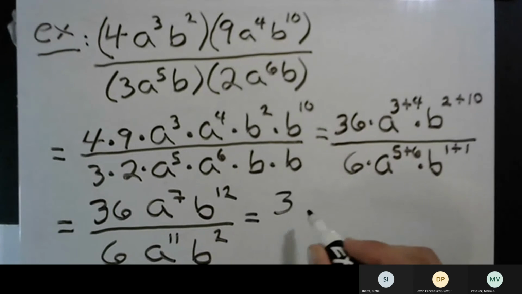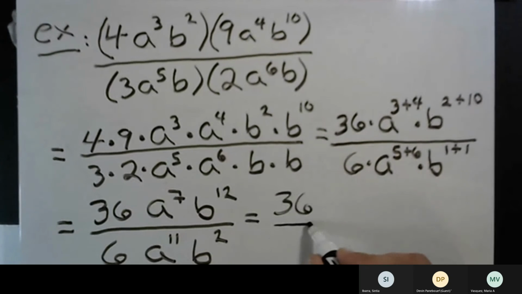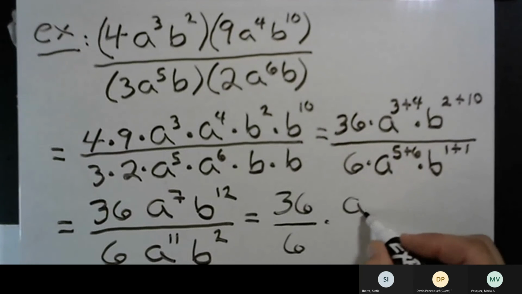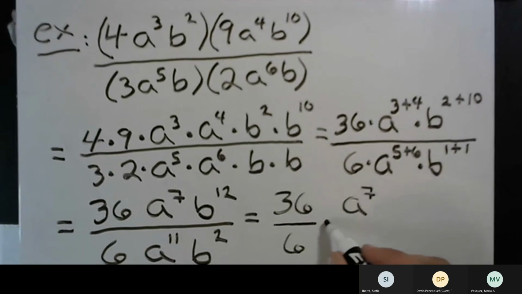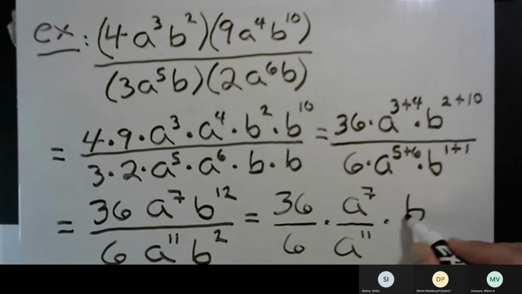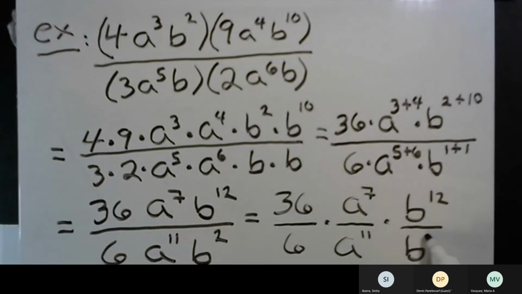So this will be 36 over 6 times a to the 7 over a to the 11 times b to the 12 over b to the 2.